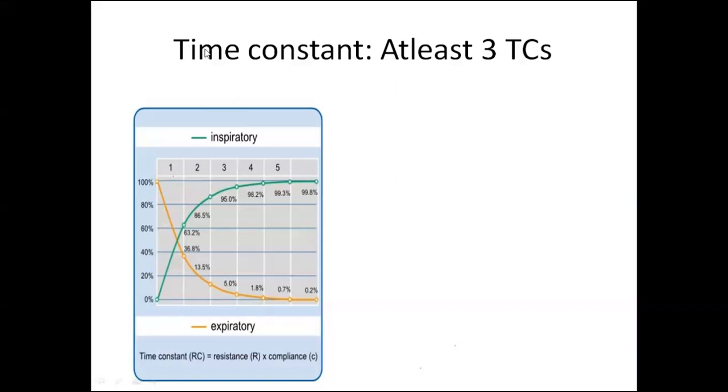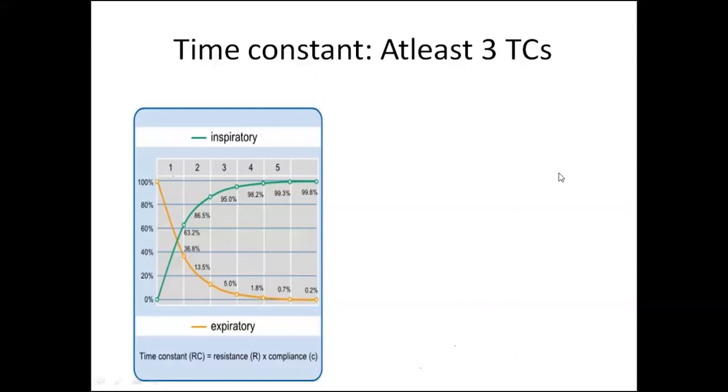Someone said not understood. What? I'm not talking anything extra here. I'm just telling you that time constant is the time needed to inflate or deflate a certain amount of air. One time constant is 63%. That means if I have a tidal volume of 1 liter, I need to move 630 ml of air into the lung.